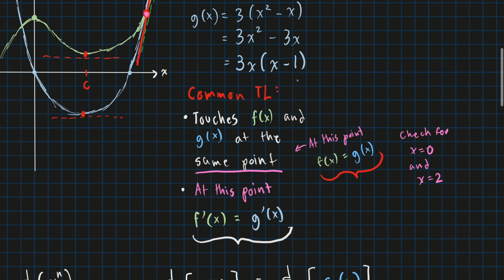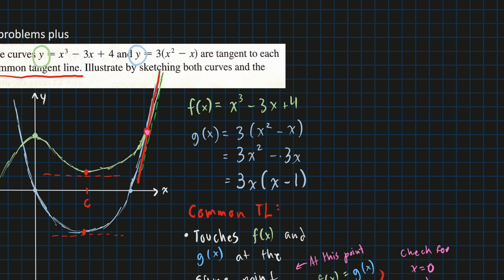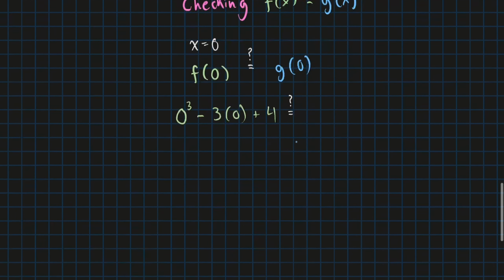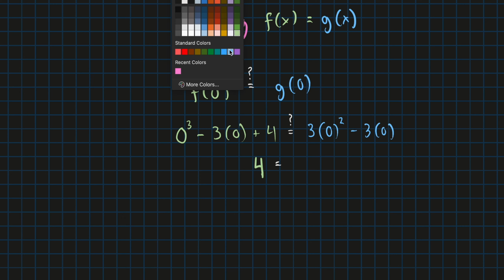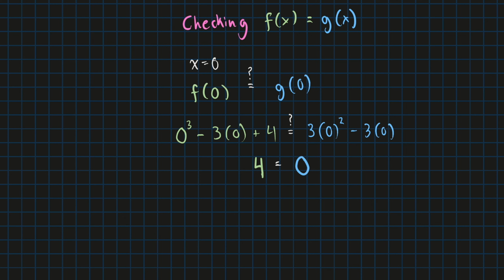So g of x is 3x squared minus 3x. So we've got 3 times 0 squared, because we're plugging in 0, minus 3 times 0. So the zeros are just 0. So we get 4 is equal to 3 times 0 squared minus 3 times 0. Well, that's just 0.